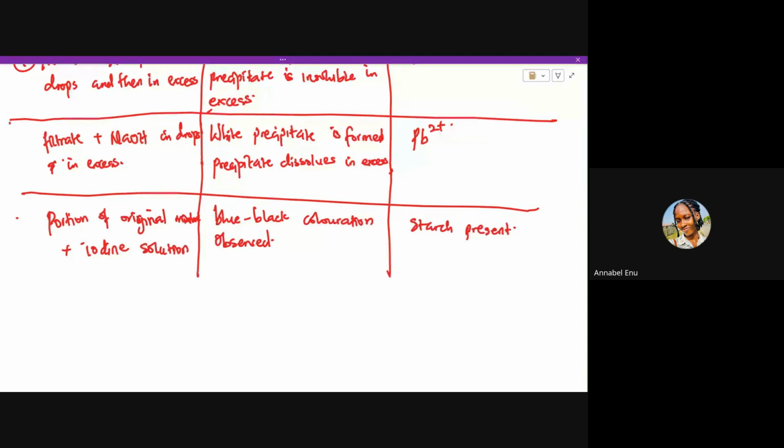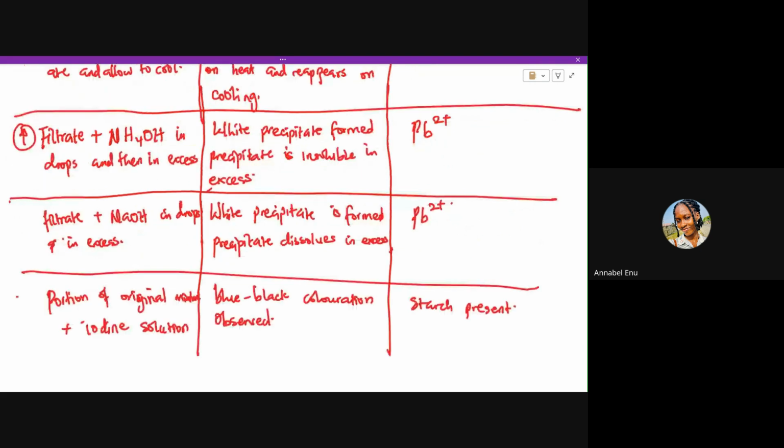Now, when we are testing for starch, a starch with iodine gives us a blue-black coloration. It's the normal test for carbohydrates you did in school. So when we see a blue-black coloration, this observation is based on color, right?